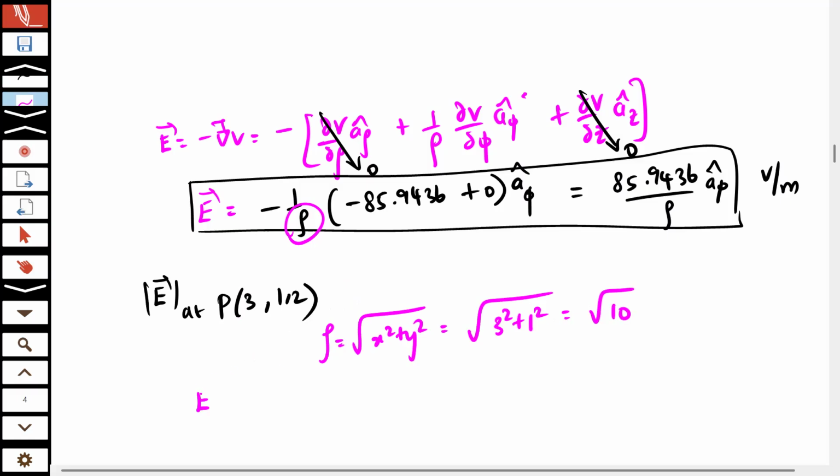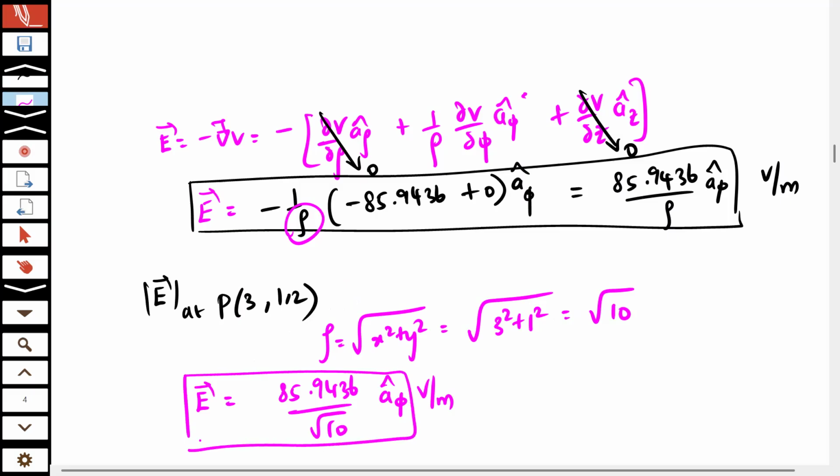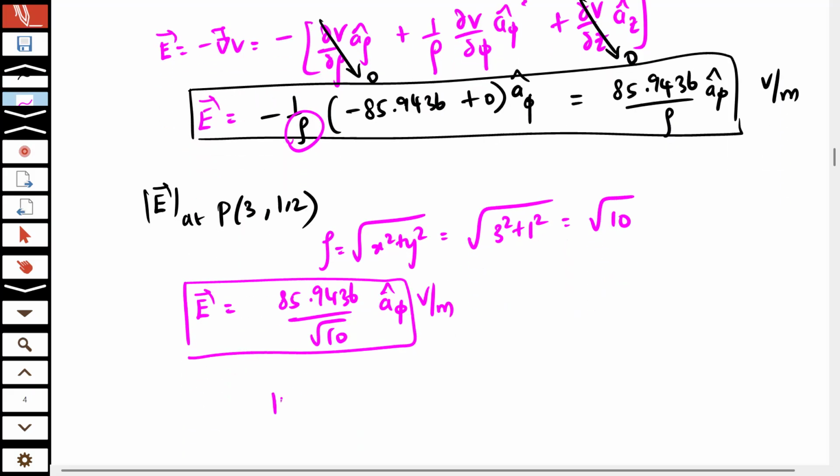Thereby, we will get electric field intensity as 85.9436 divided by root 10 A phi cap volt per meter. We can write the magnitude of electric field intensity, which turns out to be 27.177 volt per meter.